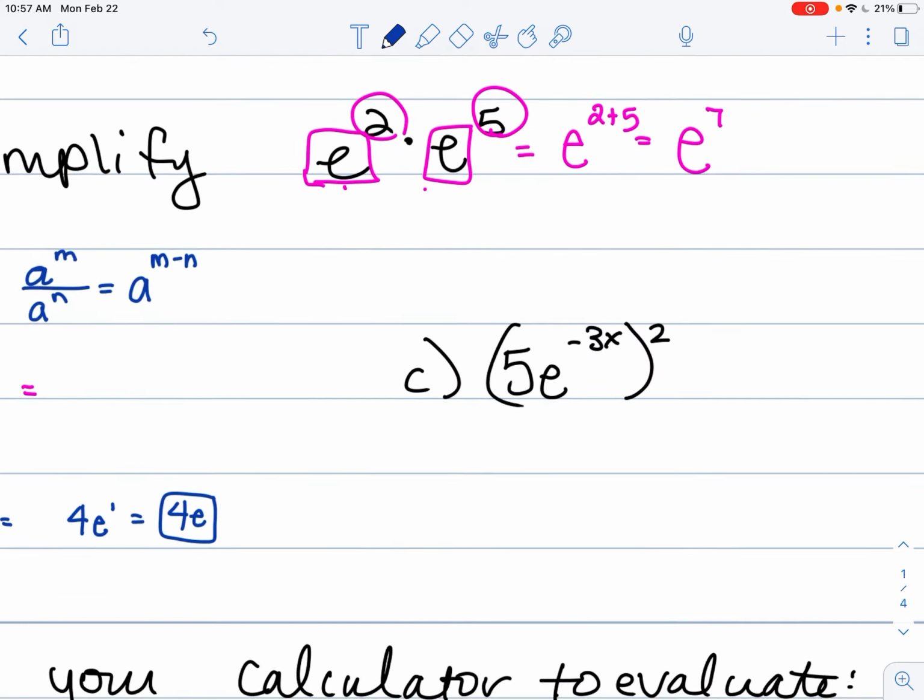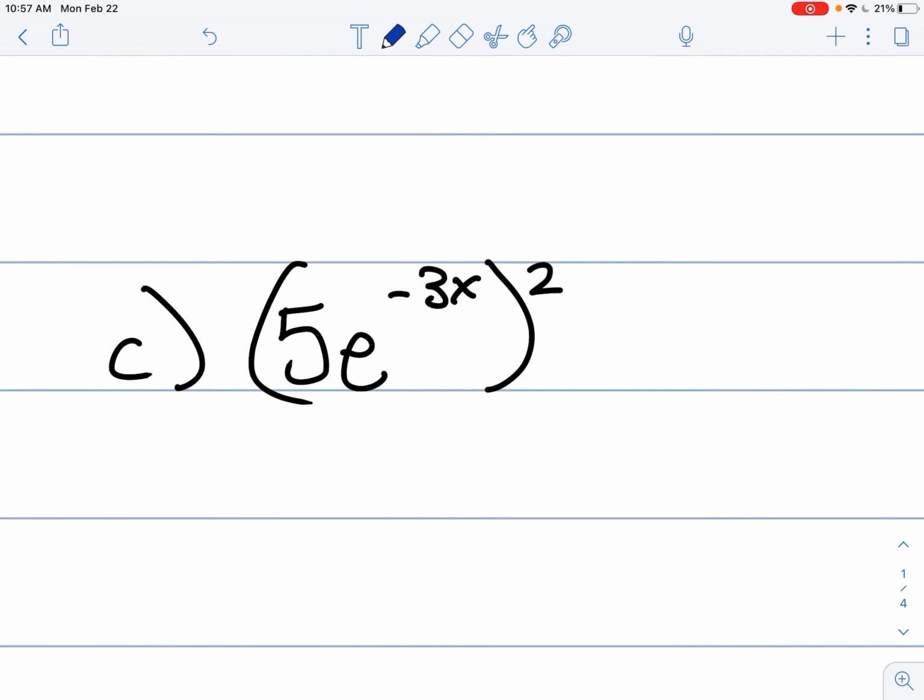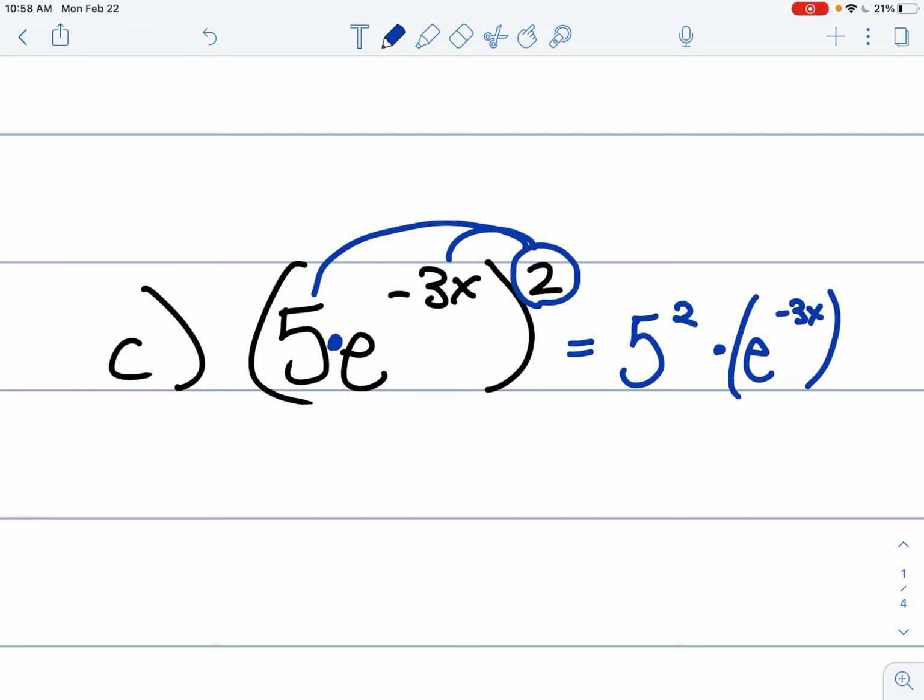Okay, and then lastly, for this one, because they're being multiplied here, we can take this exponent and distribute. We could also rewrite it twice. So this becomes 5 squared times e to the negative 3x squared, because we distributed the 2 to both parts.